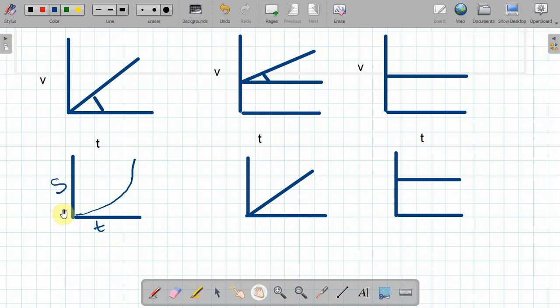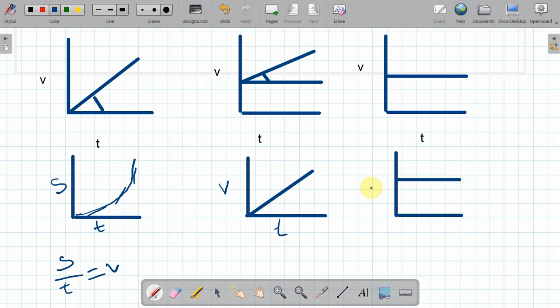The slope of the displacement-time graph will give you velocity, because displacement over time is nothing but velocity, and you can see the slope keeps on changing, so always take the tangent. That is the reason in the velocity-time curve the velocity is increasing with time.